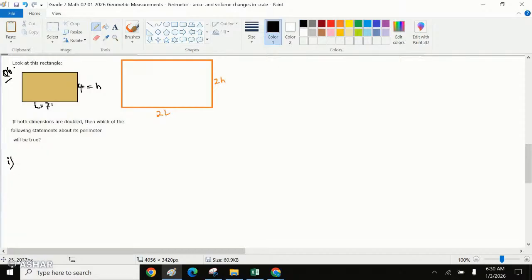The first statement will be, we are looking at the perimeter. They're not asking us about the area, they're asking us about the perimeter. Let's see what happens. The new perimeter is twice the old perimeter.